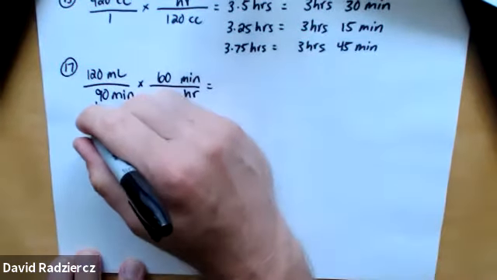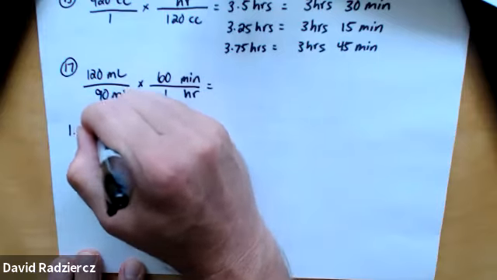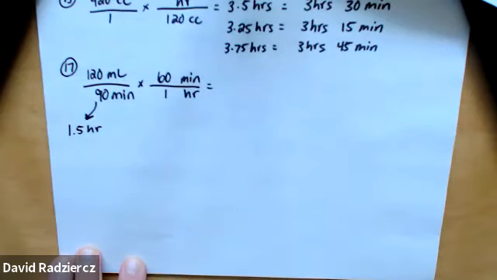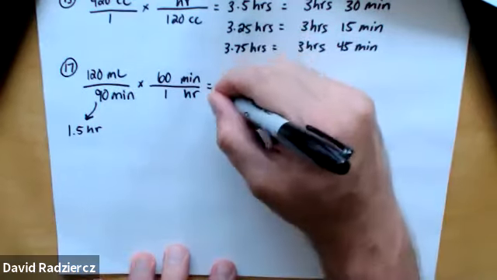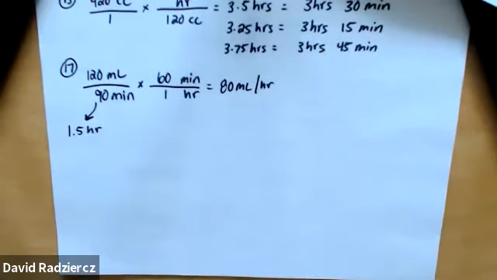Another way is just to convert the 90 minutes into 1.5 hours, because what is 90 minutes? It's an hour and a half, right? So if I do 120 times 60 divided by 90, I get 80 mL per hour. So that's 17.